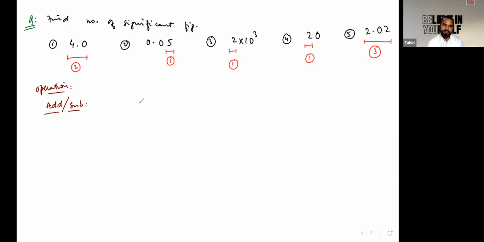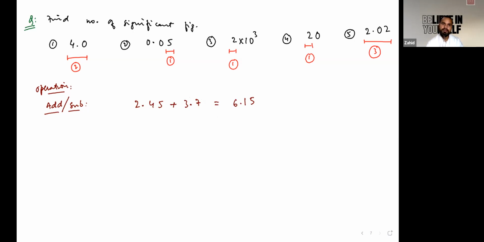Suppose you have to add 2.45 to 3.7. On adding, you will get 5, 7 plus 4 is 11. 3 plus 2 is 5, plus 1, 6. So it will be 6.15.